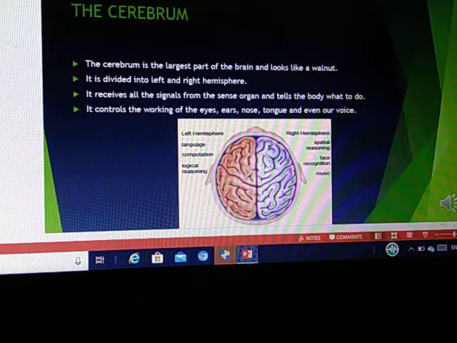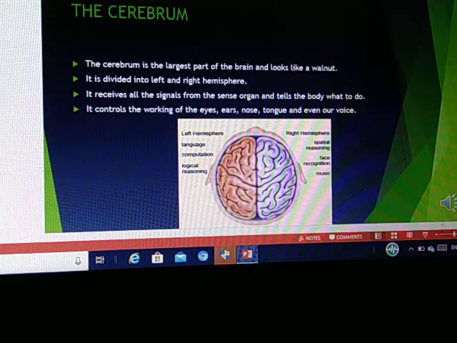It is decided by you whether you have to pick that knife or not. Is it safe for you? No, the knife is not safe for you. So this decision, the decision taken by you to not pick that knife, is taken by which part of your brain? Then it is the cerebrum.